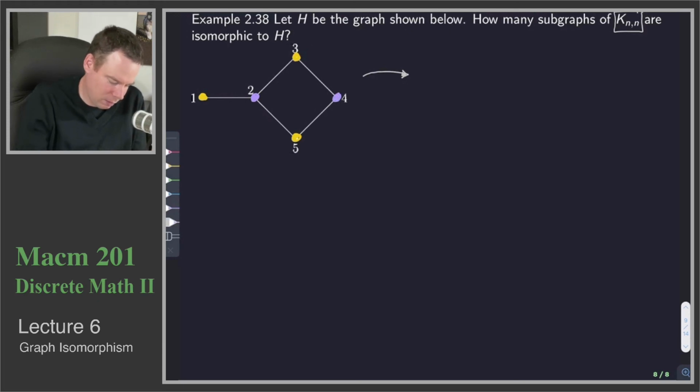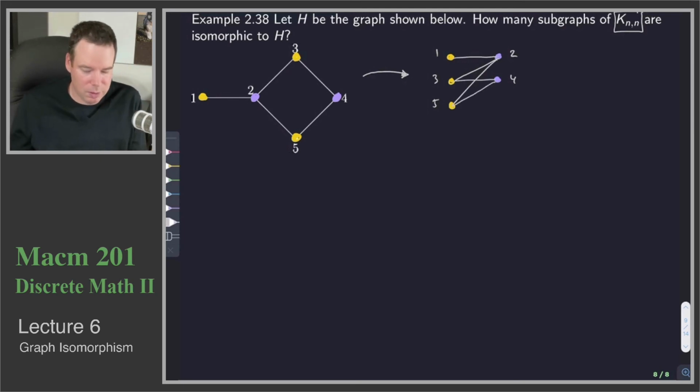So I see that I could write this as 1, 3, 5, and then 2, 4. If I call this 1, 3, 5, 2, 4, then our graph is 1 connects to 2, 2 connects to both 3 and 5, and 4 connects to both 3 and 5.